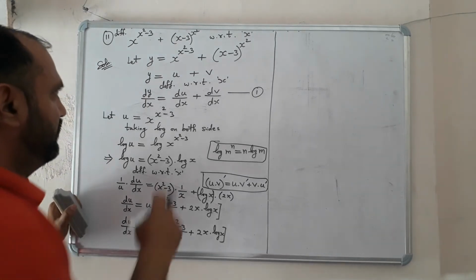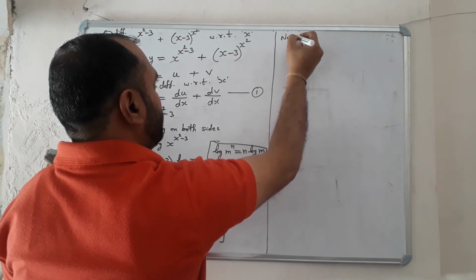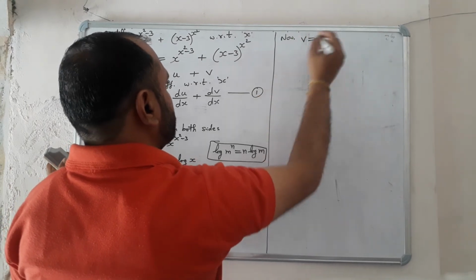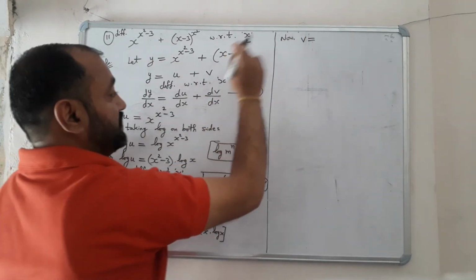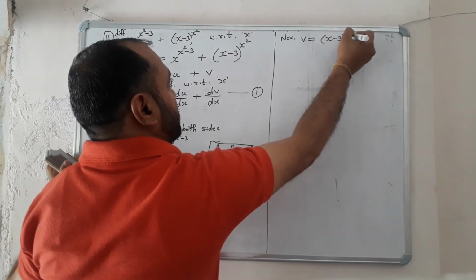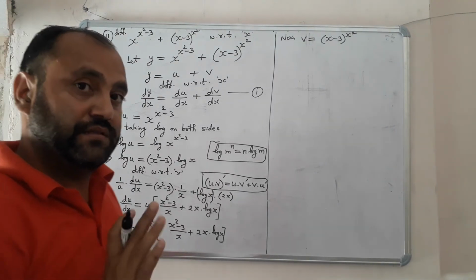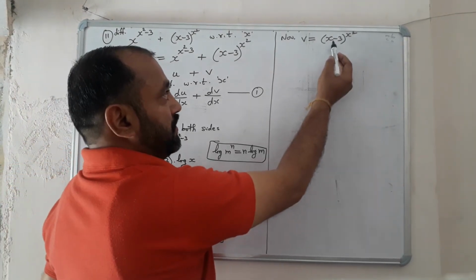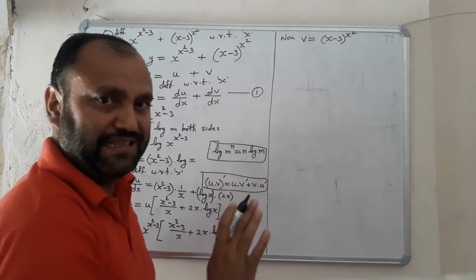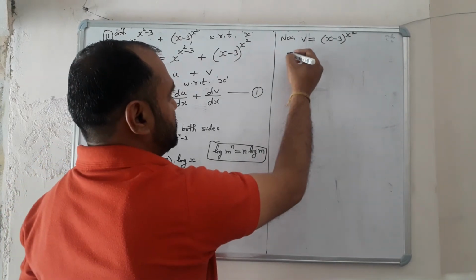Now similarly we are solving this v. Now let us take v is equal to x minus 3 raised to the power x square. So this is similar, because variable power variable means we have to take log on both sides to solve this.